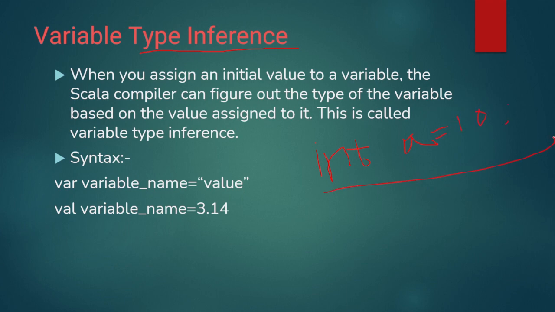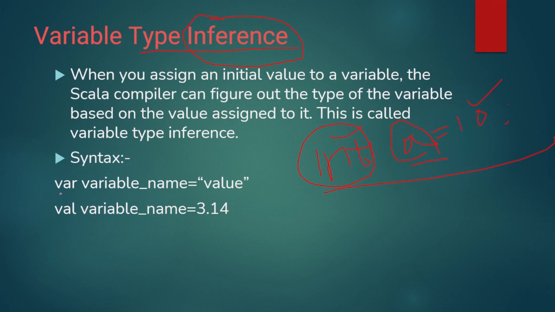Here we have to specify the data type, but here we do not need to provide any data type. The compiler automatically analyzes the value and identifies what type of data we are going to store. That is what inference means.